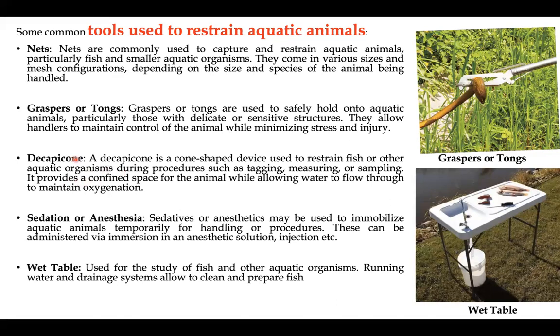The decapicone for fishes has some different properties, like being capable of holding the animal alive for a long time, because there will be water inside and a facility to provide oxygen in the water as well, so they can survive longer there.